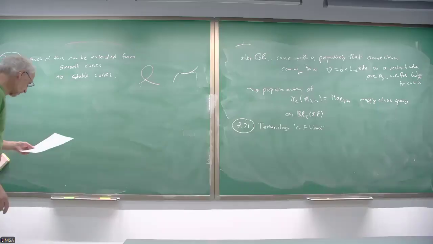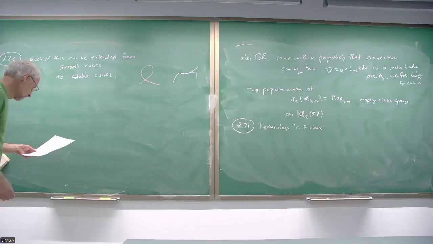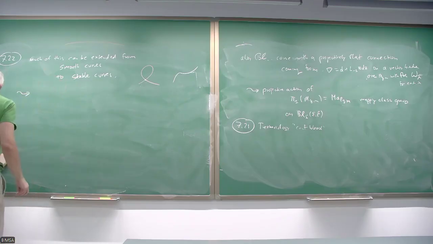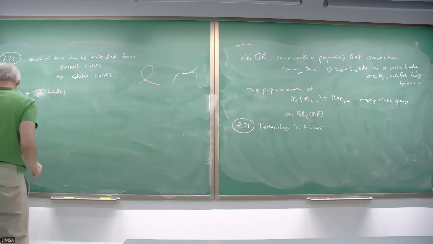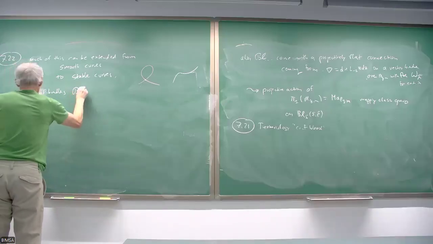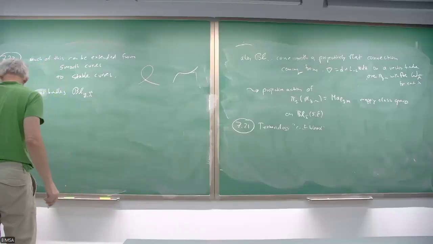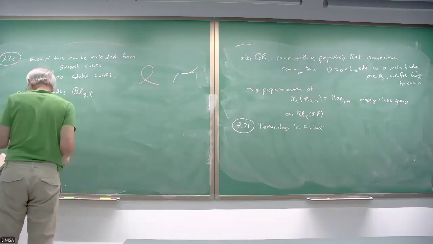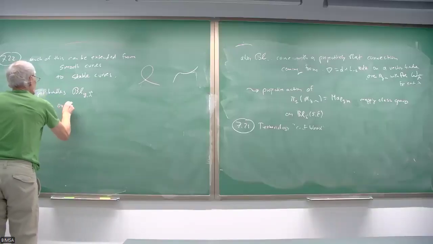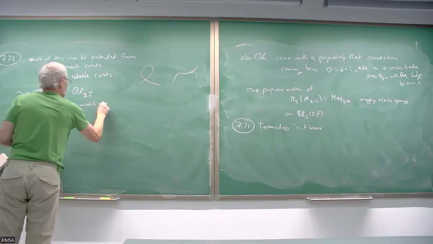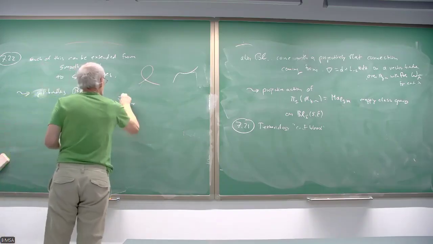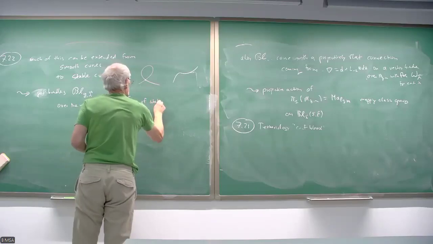I will not talk about this at all, but the upshot of this is then that actually we get bundles, for which I don't use a new notation, over the moduli space of stable pointed curves.